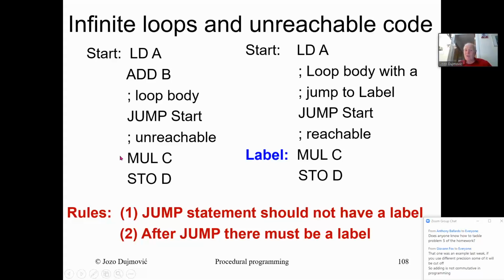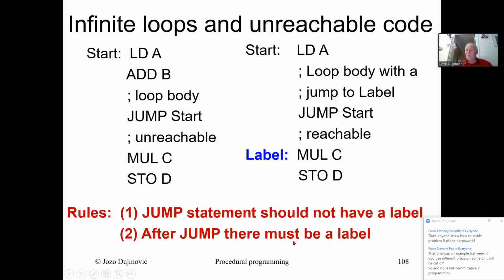You must have a label here if you want to reach this code, because you have to jump to this label. On the other hand, jump statement should never have a label, because if you put label to jump statement, that means this is destination of another jump. So if you jump to jump, why jump when you can go immediately from the beginning to the final destination?